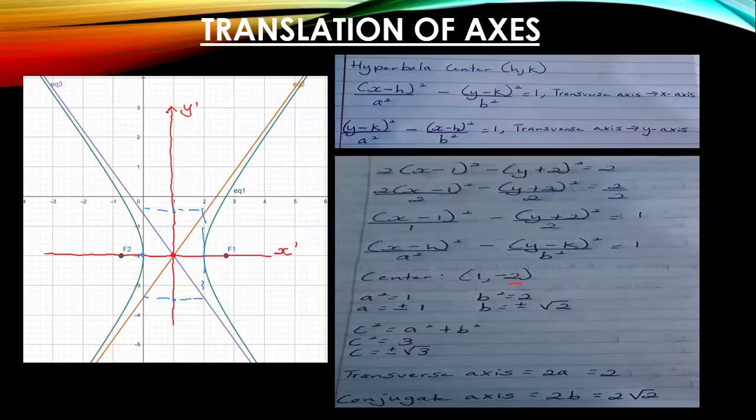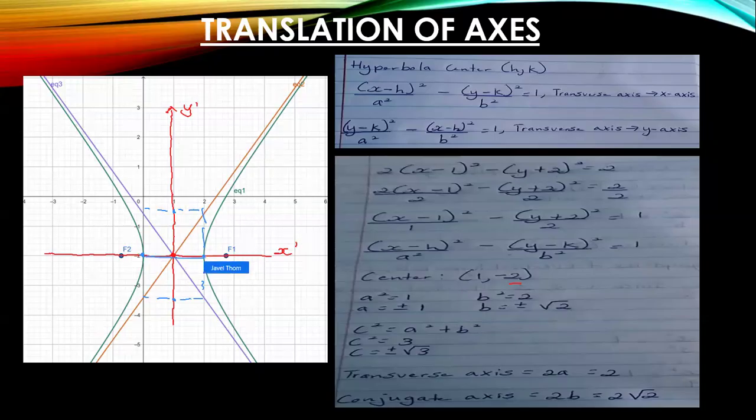Now the transverse axis is equal to 2a. Whatever the value of a is, you multiply by 2. In this case, our value for a is 1, so we multiply 2 times 1, which gives us 2. This is our transverse axis.